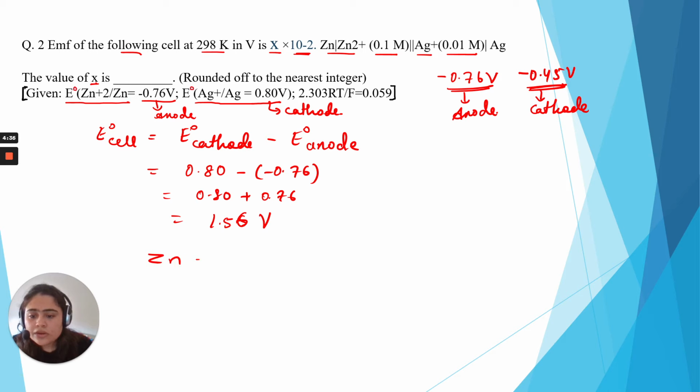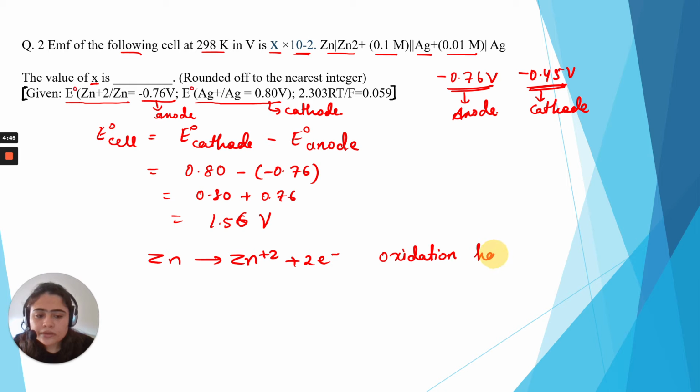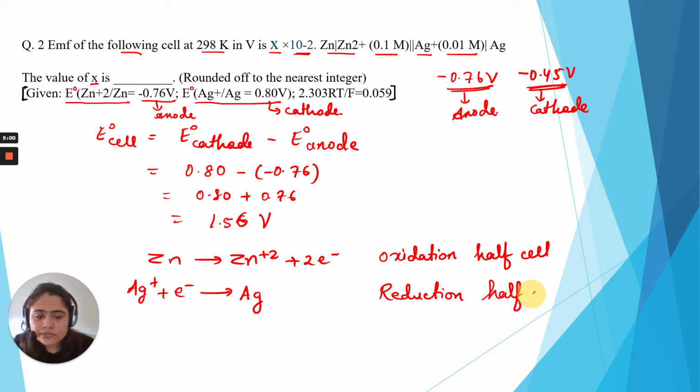Now when it is anode, it will be oxidation, so zinc will lose electrons. This is the oxidation half cell reaction. And then Ag plus gains 1 electron to become Ag. This is the reduction half cell reaction.